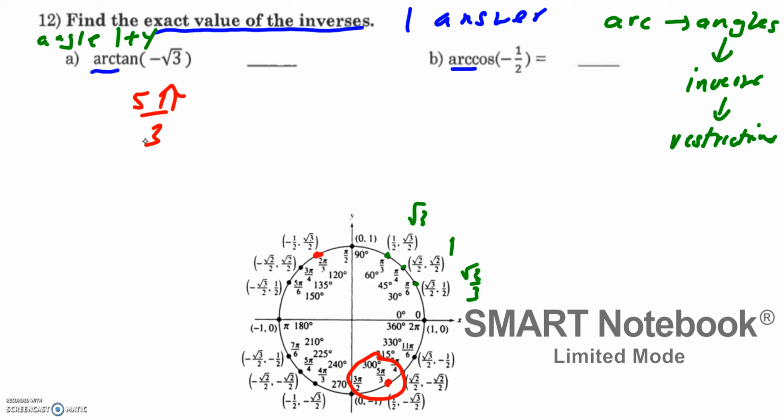However, if we are restricted to quadrants 1 and 4, usually when we're finding an angle, we go counterclockwise all the way around to 5 pi over 3. But again, picture this as a wall if we're restricted to 1 and 4. We get to here, and we can't pass this red line. So what we have to do is go backwards to 5 pi over 3 according to the restrictions.